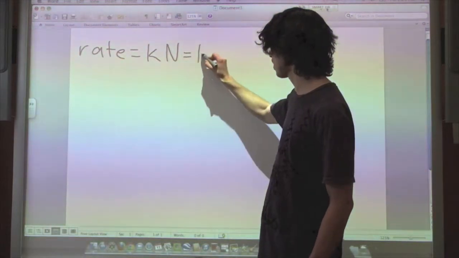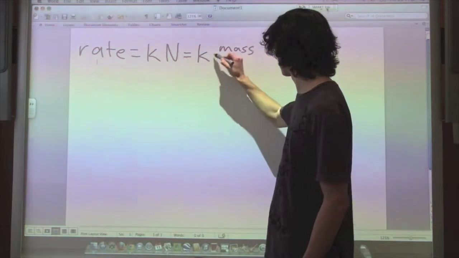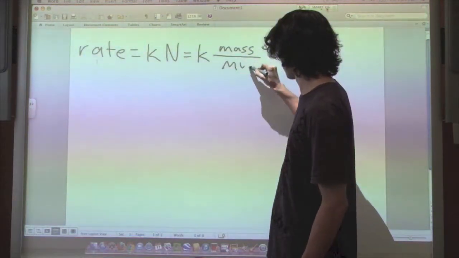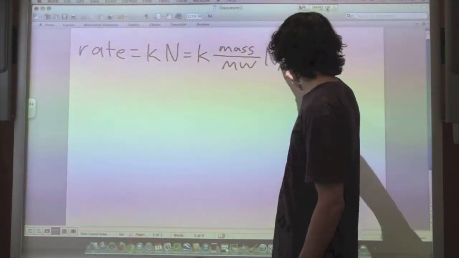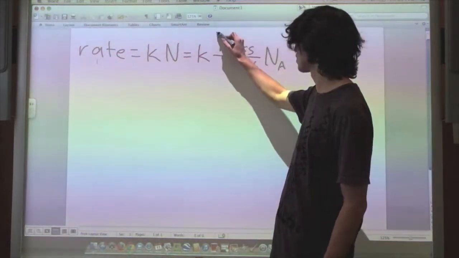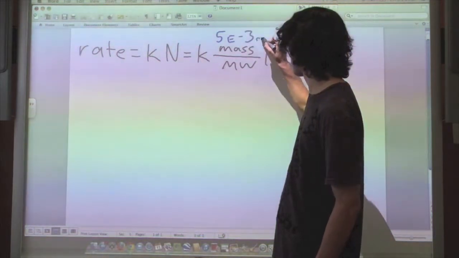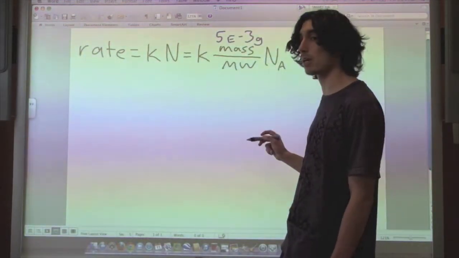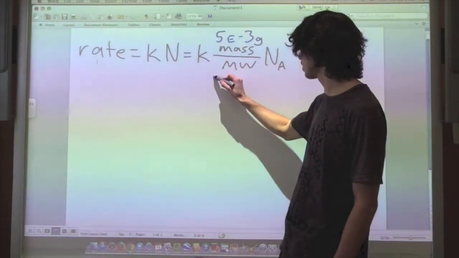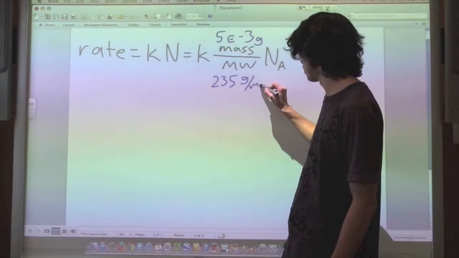So we solve for K by plugging in what we know: the mass, the molecular weight, and Na, Avogadro's number. The mass is given as 5 times 10 to the negative 3 grams, or 5 milligrams. The molecular weight is 235 grams per mole.